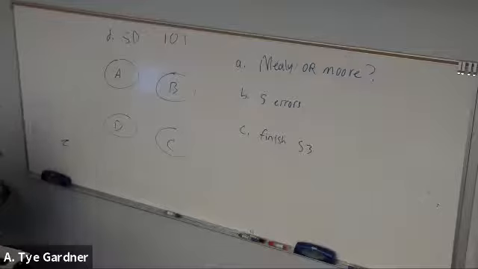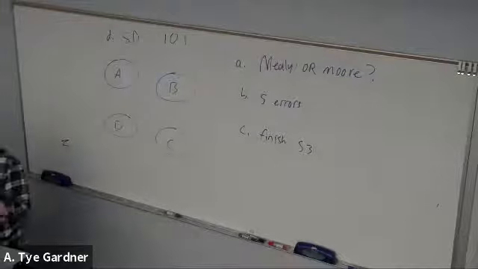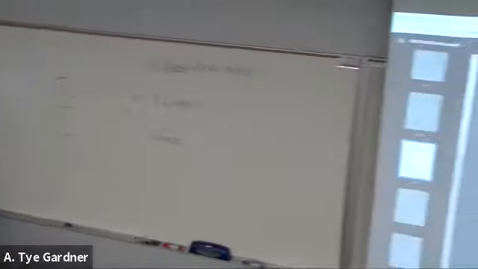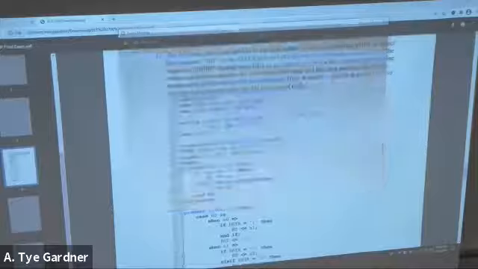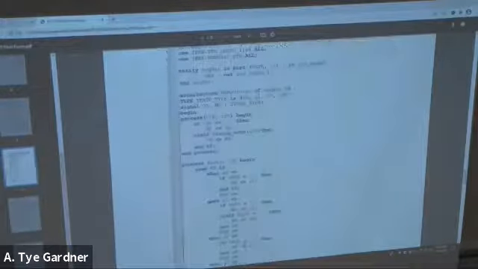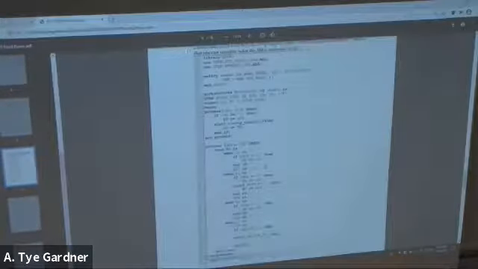Okay, so let's look at the code. This is not the easiest thing in the world to do with this stupid Zoom. Scroll down. Here you go. It's all of the code.